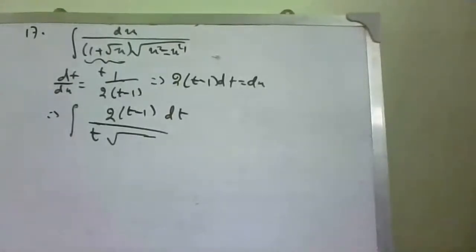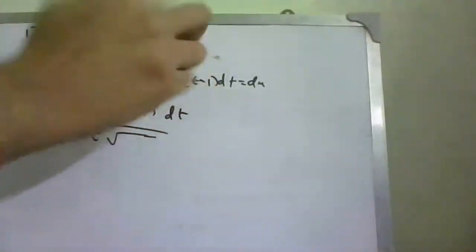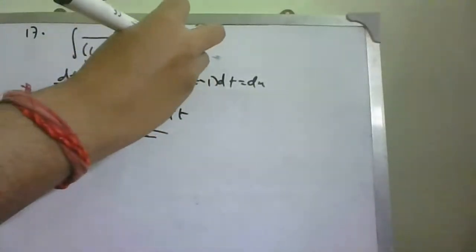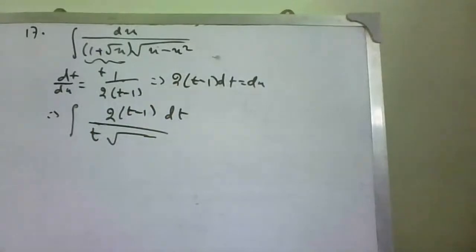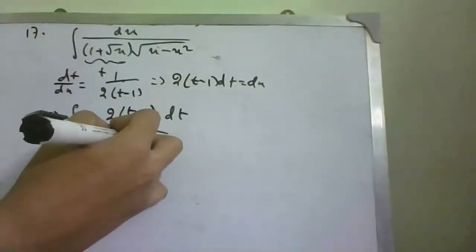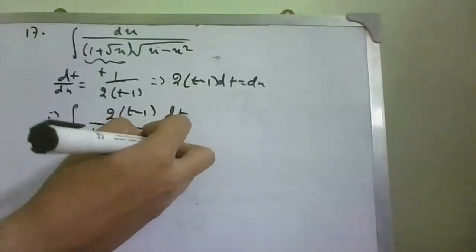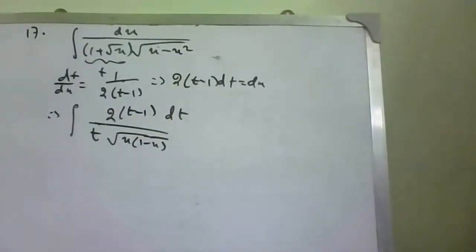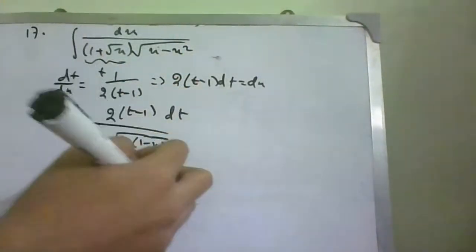Let me just check the question once more. No, it is x minus x squared, I'm very sorry. X minus x squared itself. Okay, so let's do something more. We can take x common from here. We'll get 1 minus x.